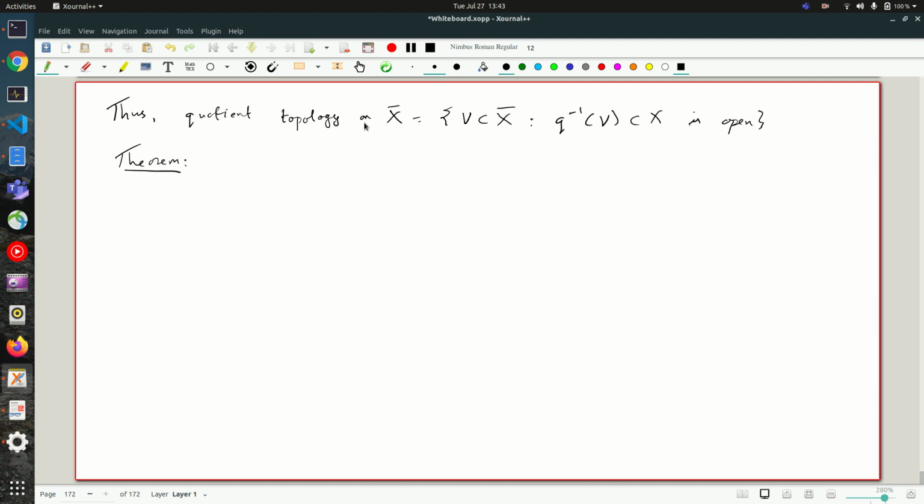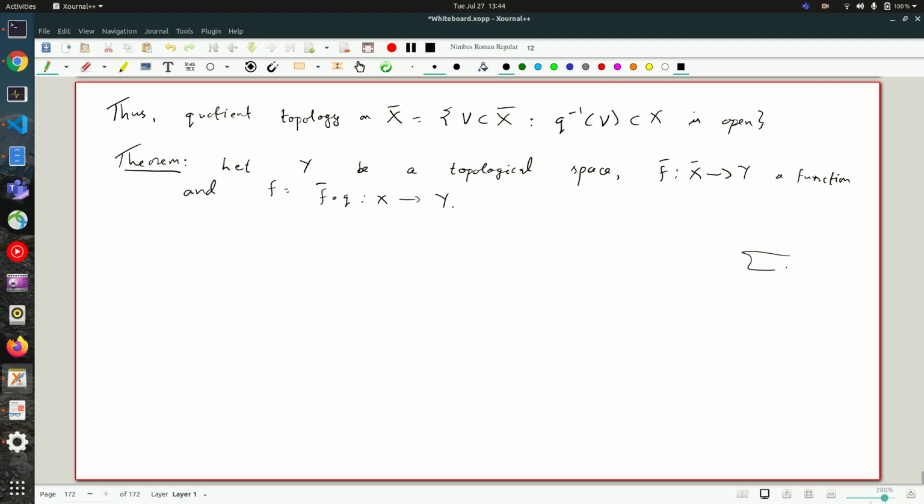Okay, so suppose we have another space Y. Let Y be a topological space. And the way I'll state it here is, first of all, let's take F bar from X bar to Y, a function. And let's say F is F bar composed with Q, which will map X to Y. Okay, so we have a quotient and we have a function.